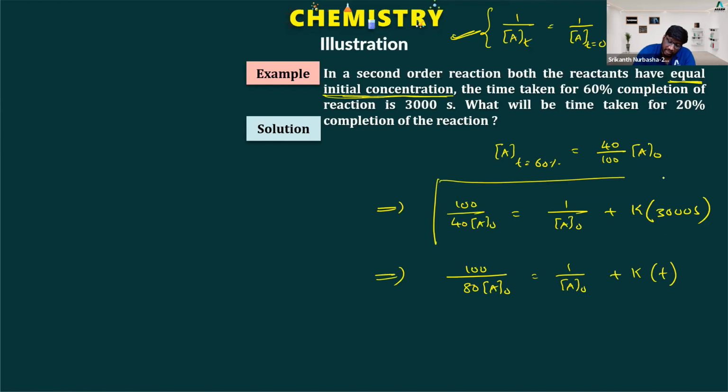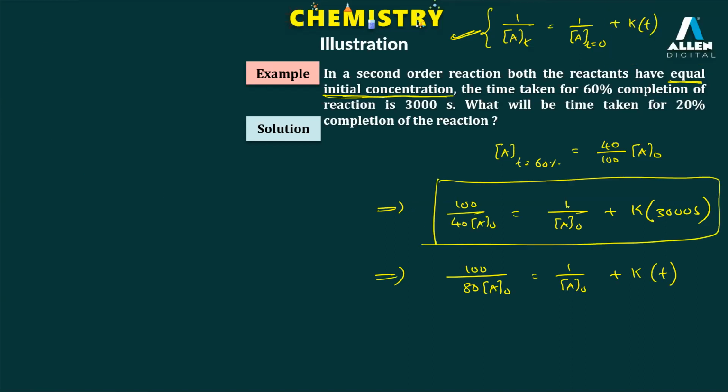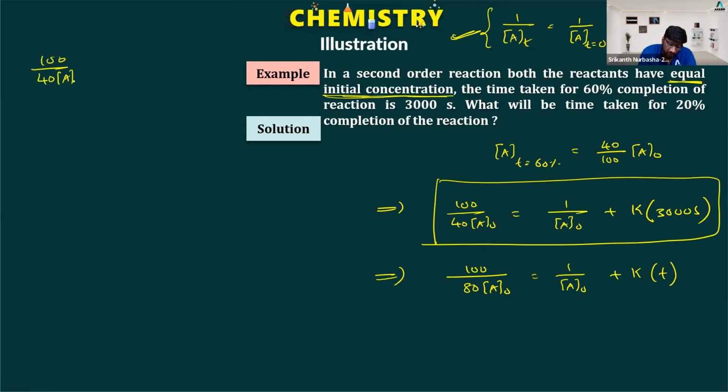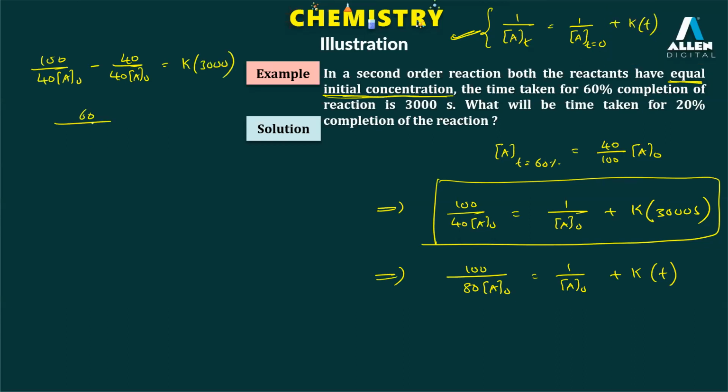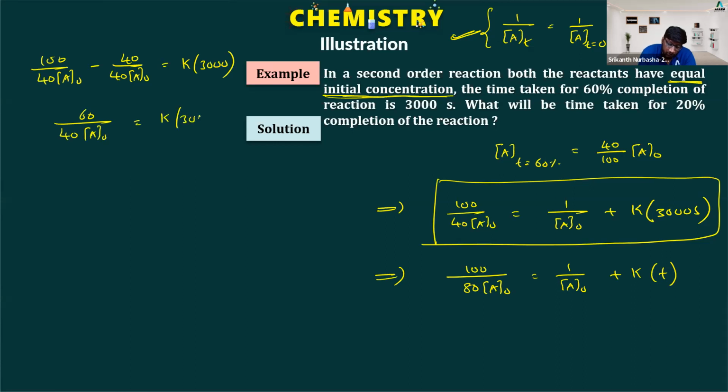From the first expression, can I find the K value in terms of A naught? Yes, sir. So I can write 100 by 40 A naught minus 1 by A naught. I'll write it as 40 by 40 A naught, multiplying and dividing by 40. So 60 by 40 A naught is equal to K into 3000.